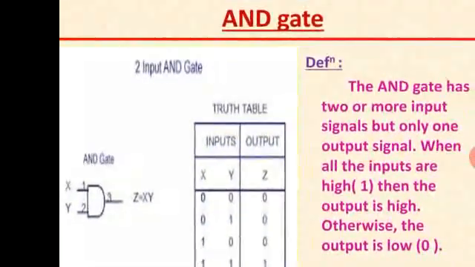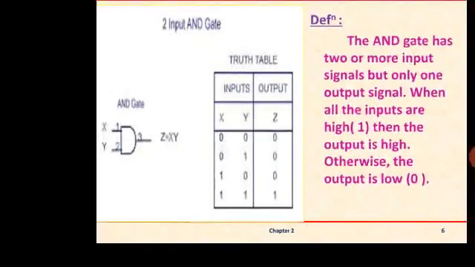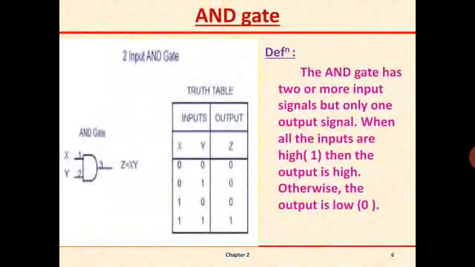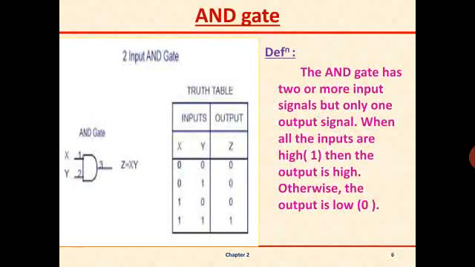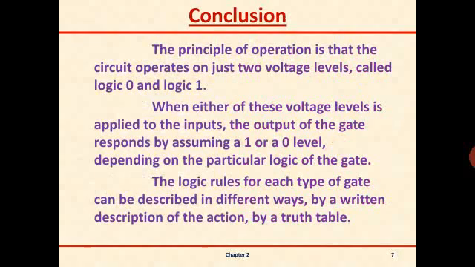So, students, this is about the 3 basic logic gates which you have learnt in today's class. We can conclude here the principle of operation: the circuit operates only on 2 voltage levels, called logic 0 and logic 1.